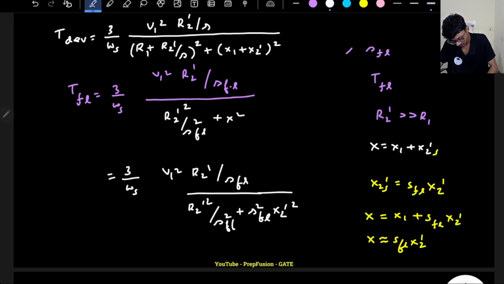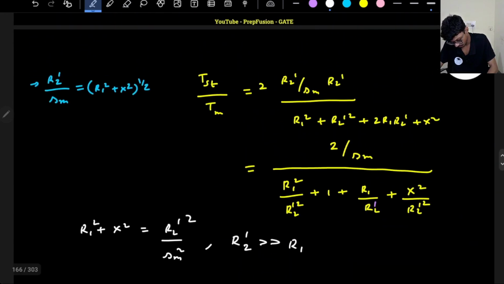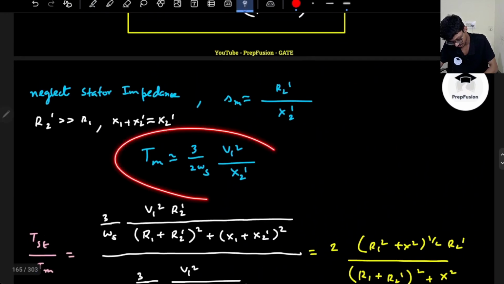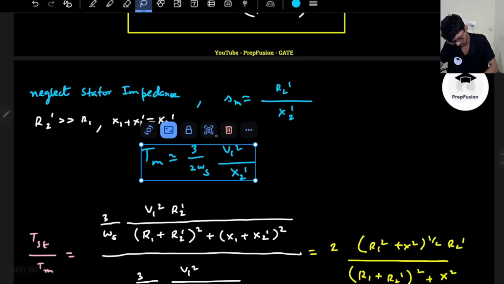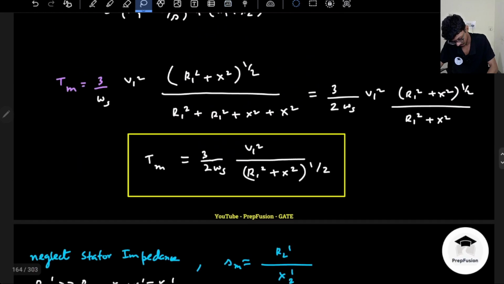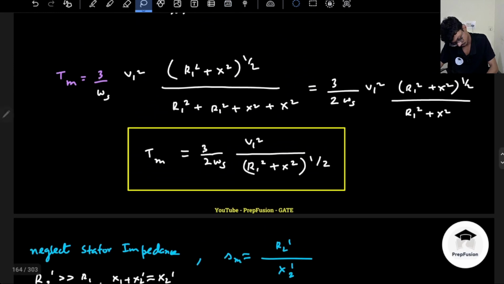Okay, now what is the starting torque? Sorry, what is the maximum torque? Expression for maximum torque. I will take the rotor resistance, that also will be better because R2 dash also cancels out. Yes, this is the maximum torque expression.